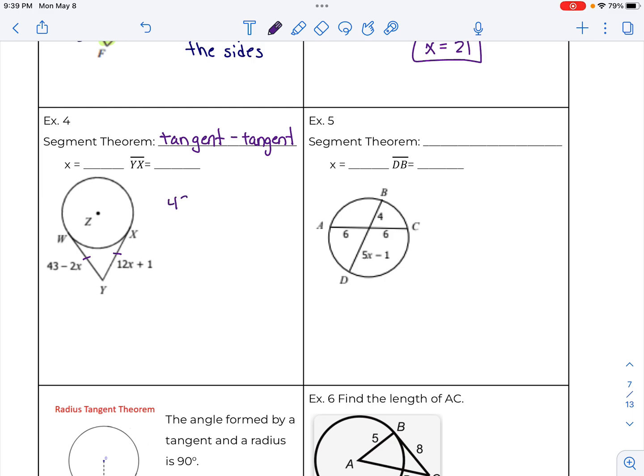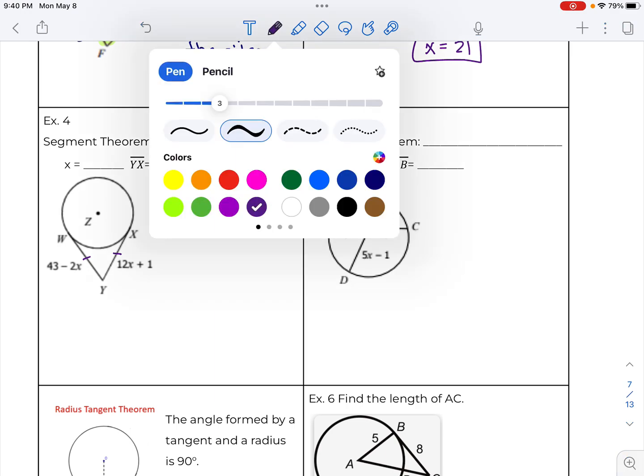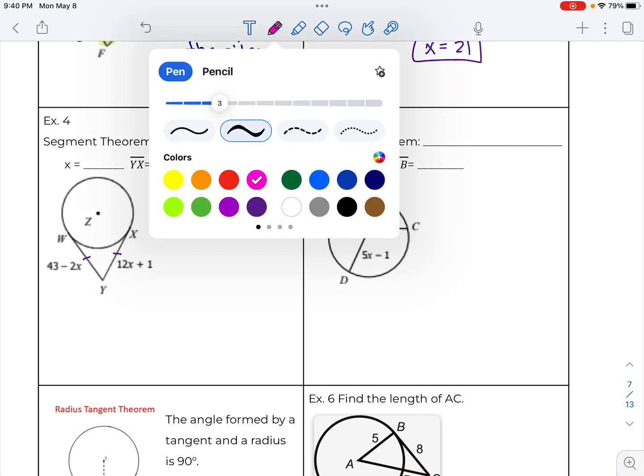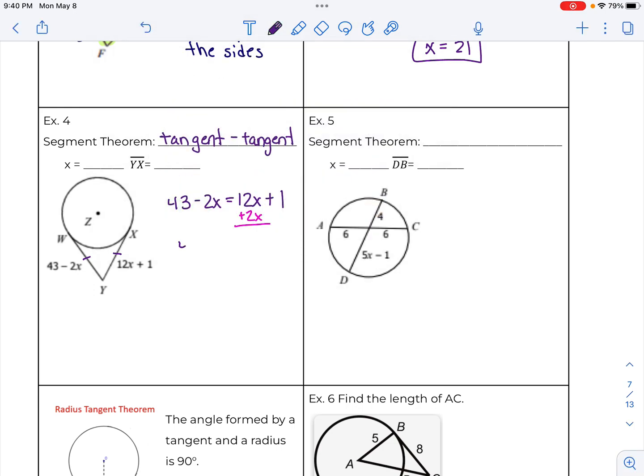So 43 minus 2x is equal to 12x plus 1. And then once you've set them equal, you solve by getting your x's on the same side. So let's add the 2x to this side. That will give me 43 equals 14x plus 1.